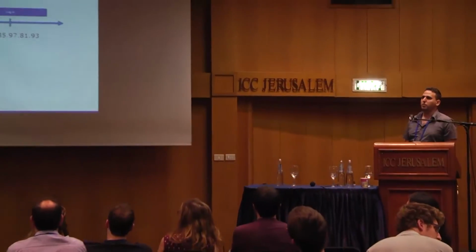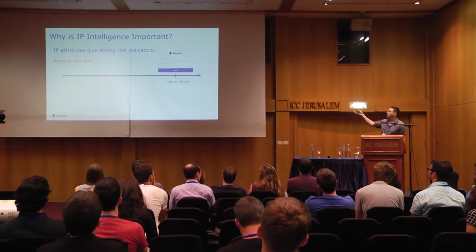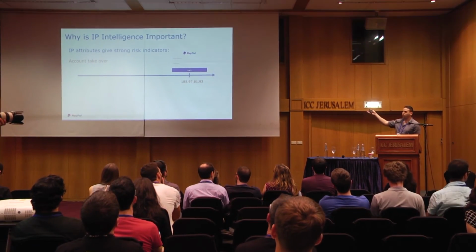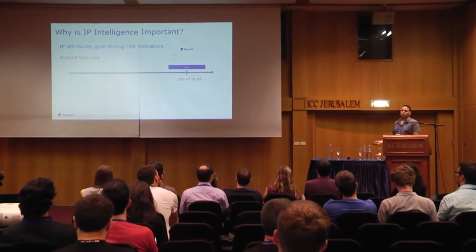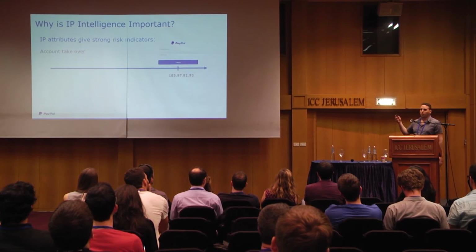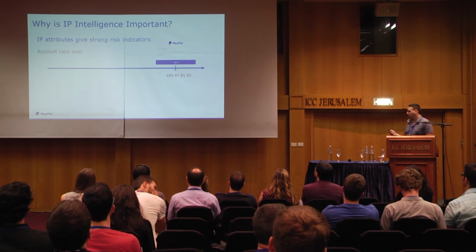Let's look at a very simple example. When someone is logging into the PayPal website from a certain IP, we can ask ourselves whether that's the legit user or did someone steal the password and is trying to take over the account.